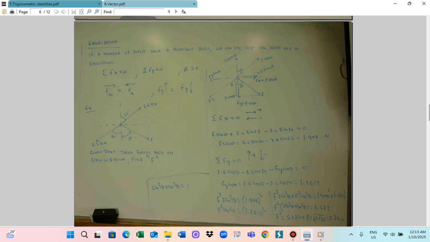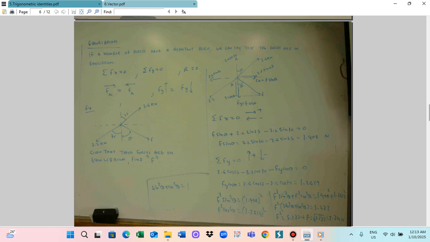So now F cos theta is equal to 2.6 cos 25 minus 3.2 cos 70. By using the calculator, you get 1.2619.